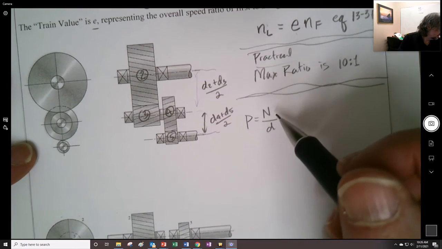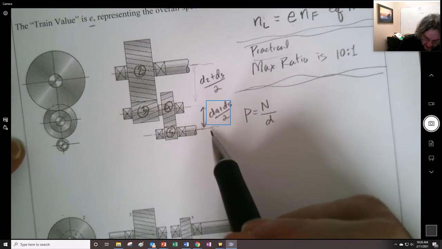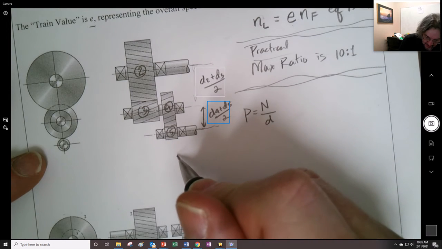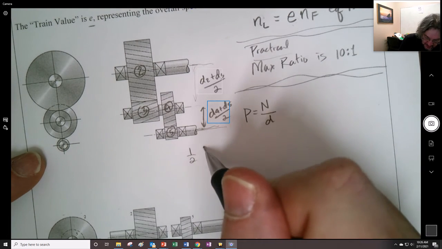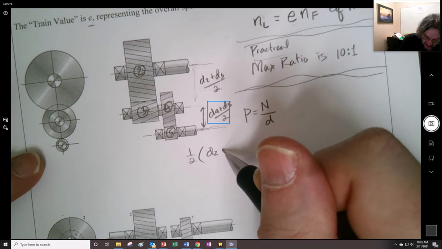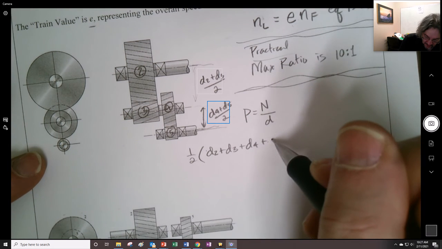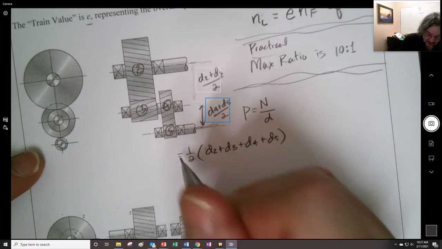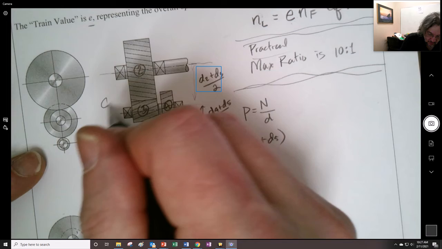So going from the distances apart, if we have the overall distance between there, we could see that it's going to be D2 plus D3 plus D4 plus D5, right? That's going to be that center to center distance, right here.